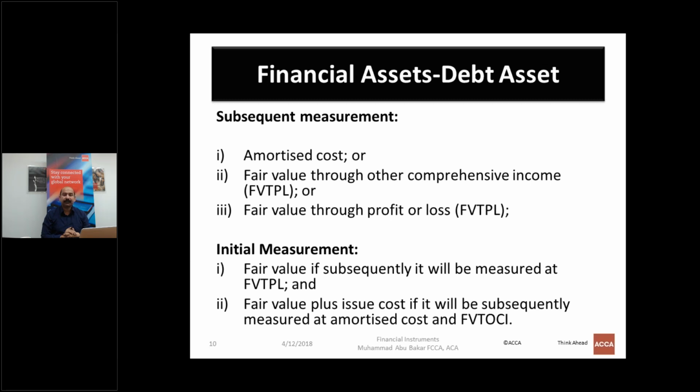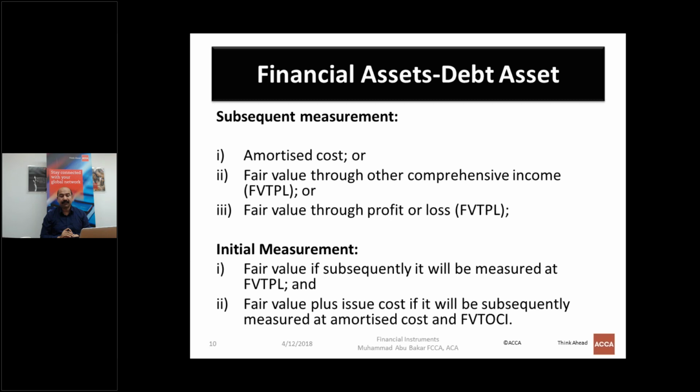Financial instruments are initially measured at the transaction price, that is the fair value of the consideration given. An exception is where part of the consideration given is for something other than the financial asset.